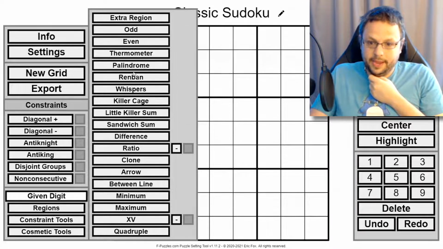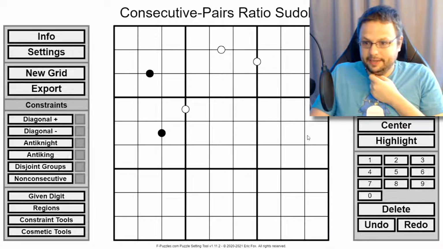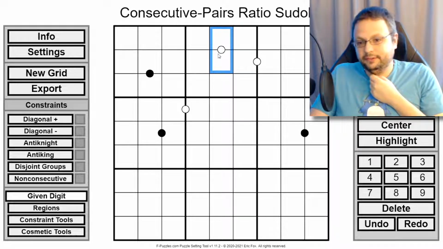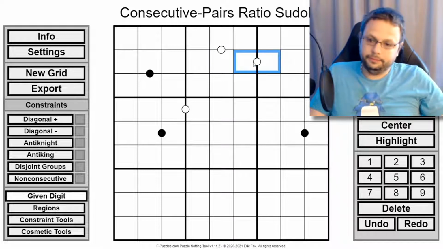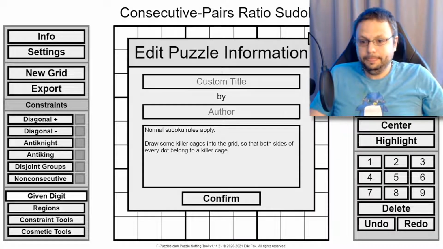Who knows what they'll look like? Maybe we'll have something like that and that and that, and something like that and that and that. And so the rules need to start by saying, okay, we're going to draw in some cages so that every cell that is on a dot is part of a cage.